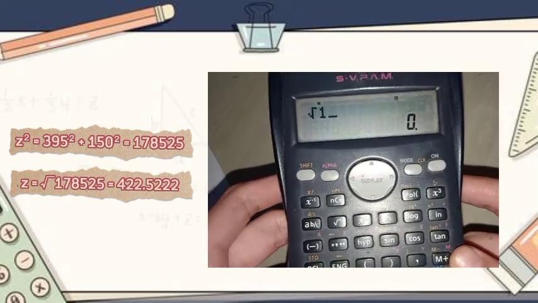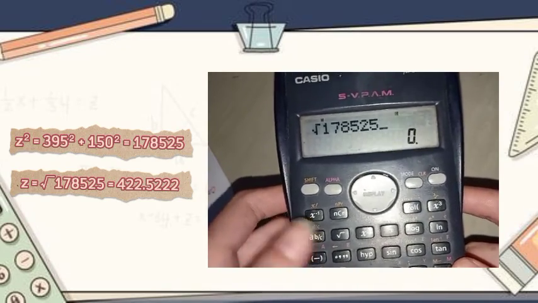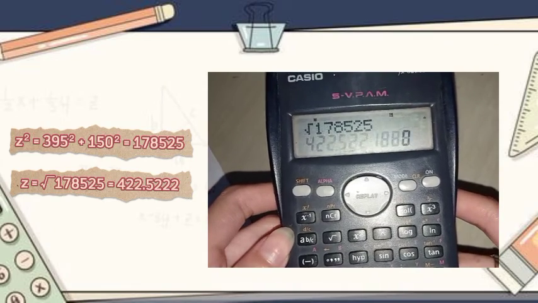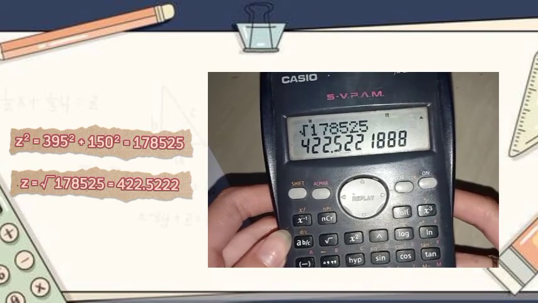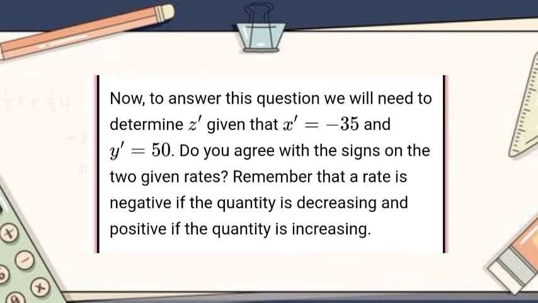And to find the value of Z, I calculate the square root of 178,525, and it becomes 422.52.